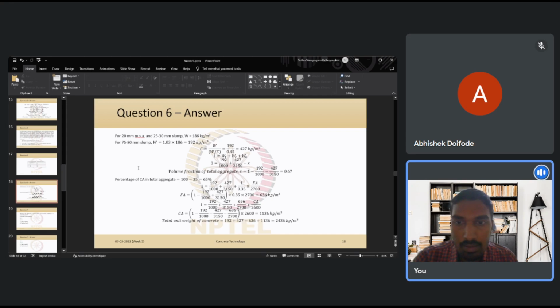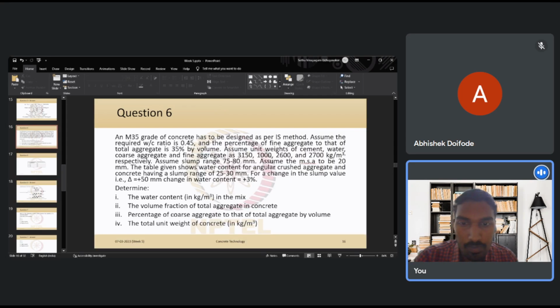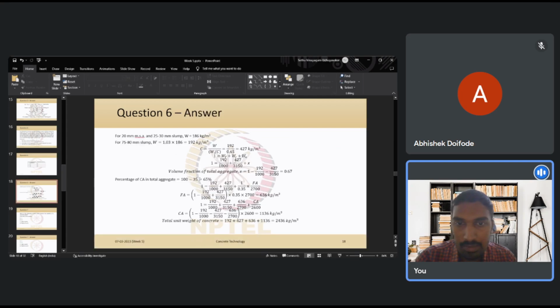Then the question was about finding the percentage of coarse aggregate to that of the total aggregate, right? This was straightforward because the percentage of the fine aggregate in the total aggregate is given to us as 35% by volume. So the rest, 65%, should be coarse aggregate, right? Therefore it was 100 minus 35.